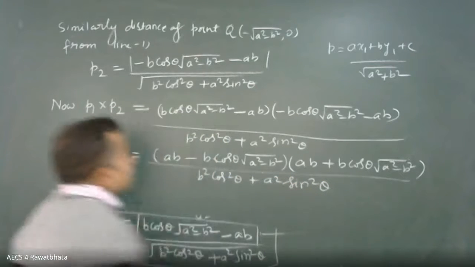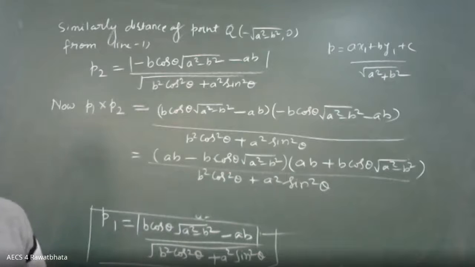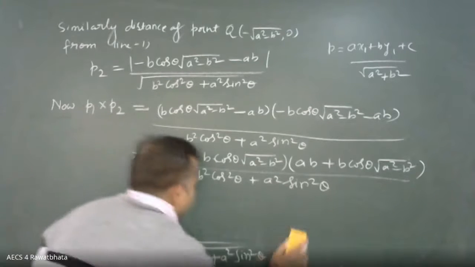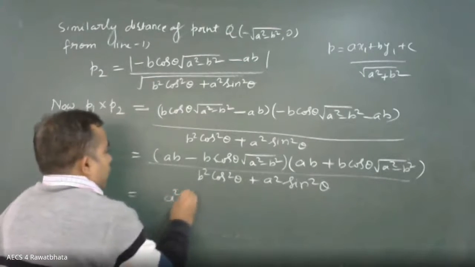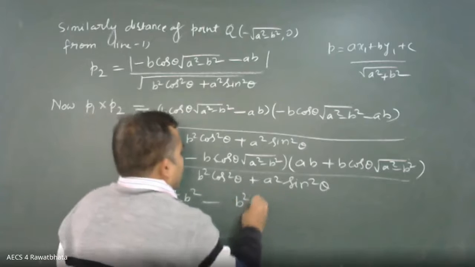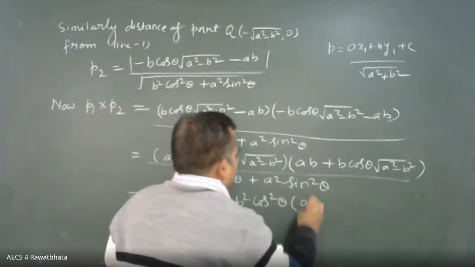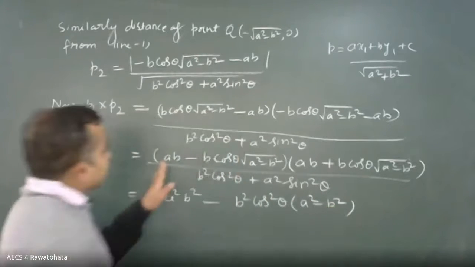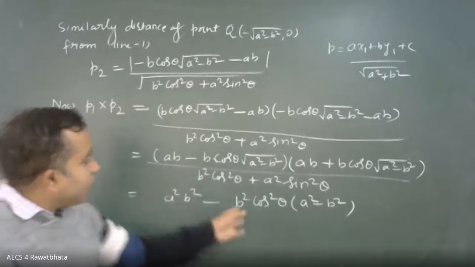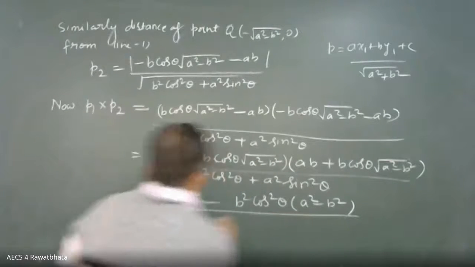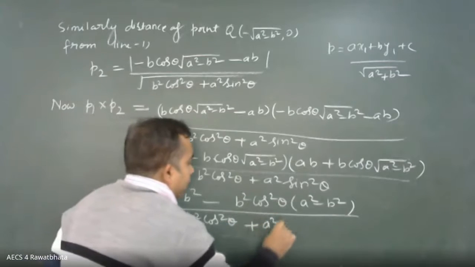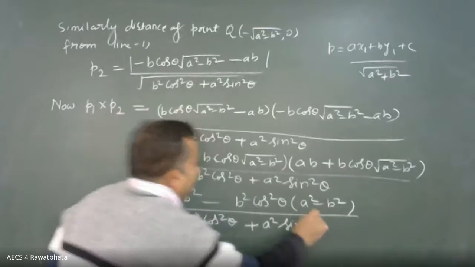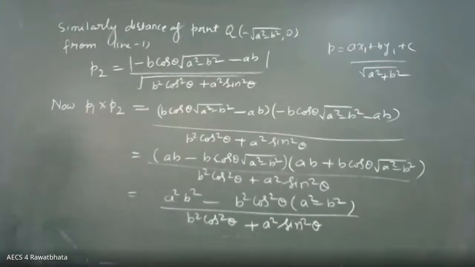So in the numerator you can see this is x minus y into x plus y. Is this clear, students? This is x minus y into x plus y equal to x square minus y square. Let us do a square b square minus b square cos square theta into a square minus b square. The root will disappear, whole upon as it is. Remember our target is to bring this entire product P1 P2 equal to b square.